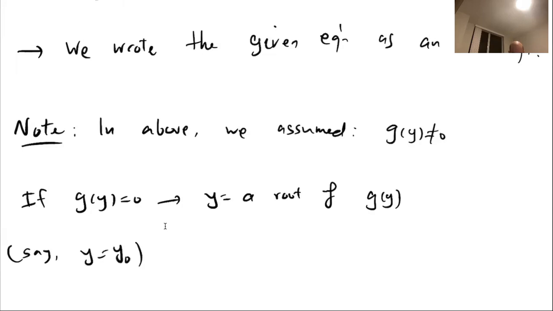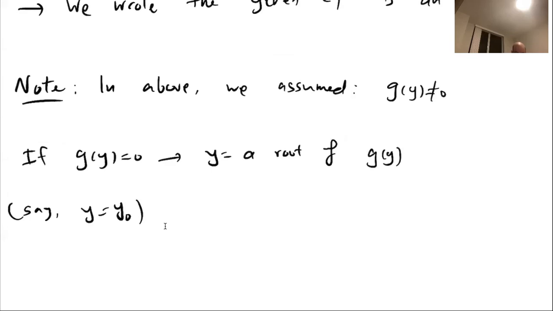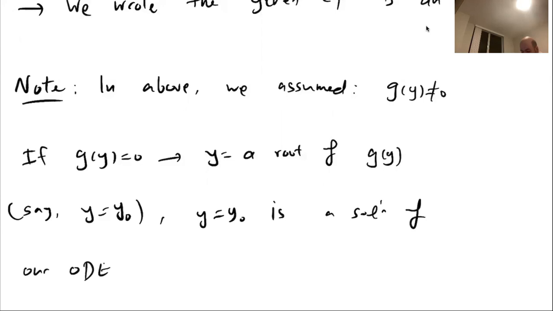And y equals y naught will be a solution for our ODE, because dy over dx is 0, which is the same as f of x times g of y.